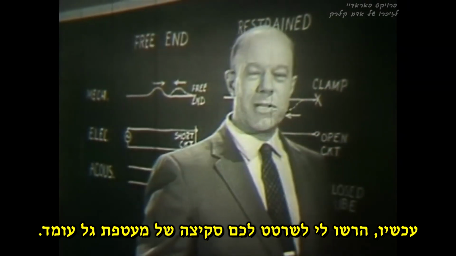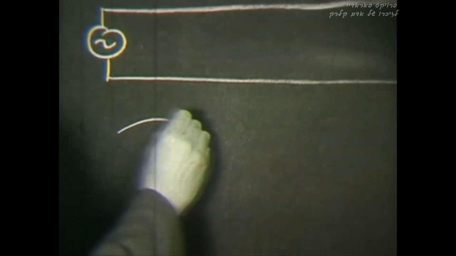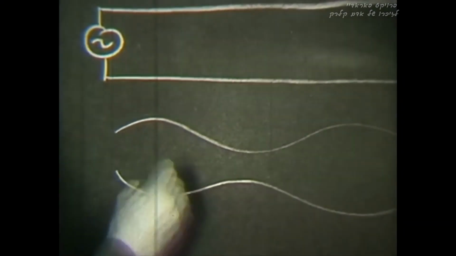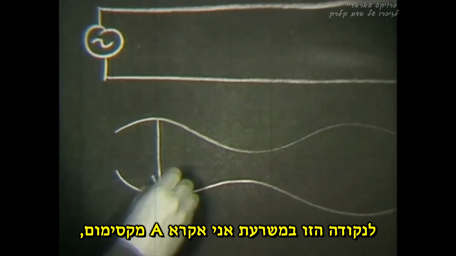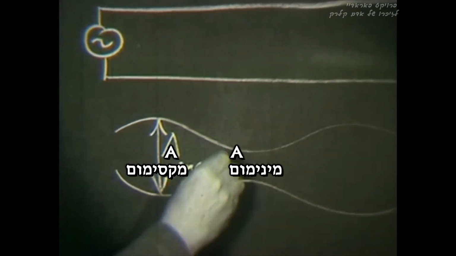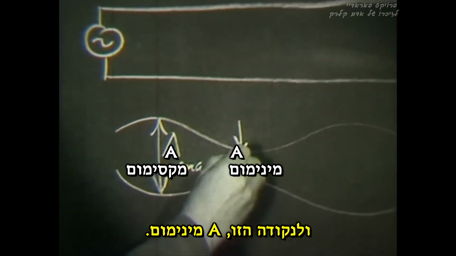Now let me draw you a sketch of that standing wave envelope. The amplitude at this point I'll call A sub maximum. At this point, A sub minimum.